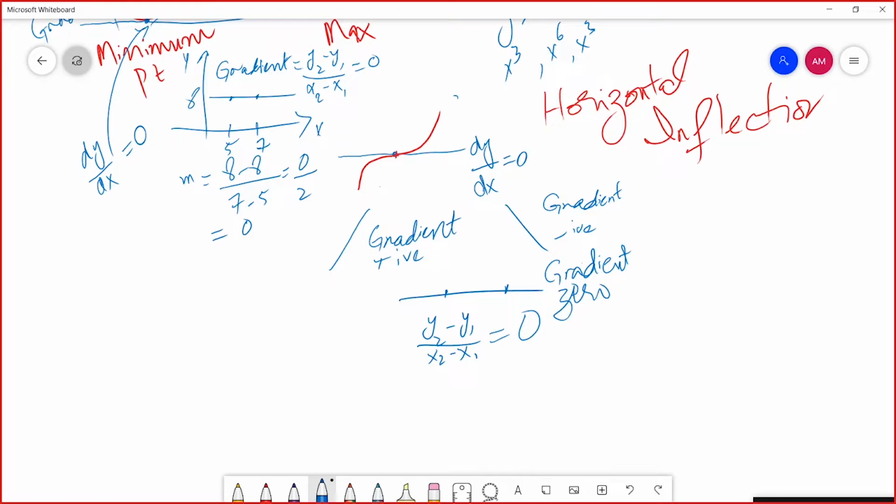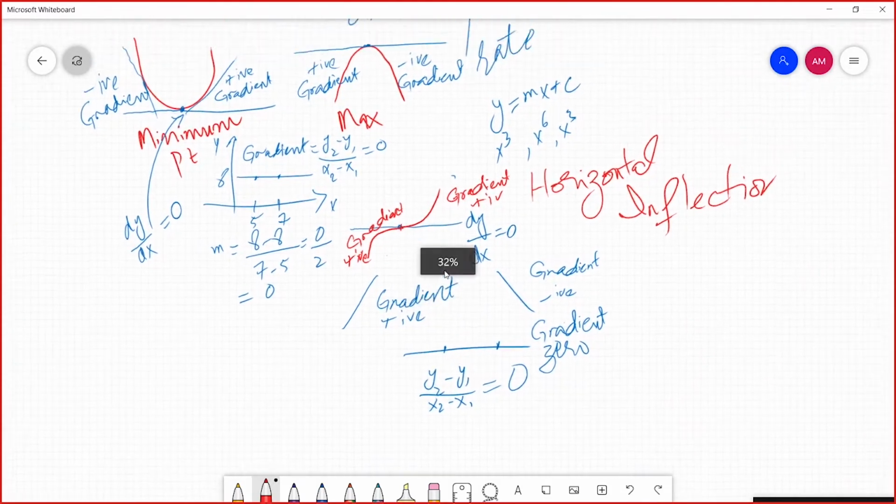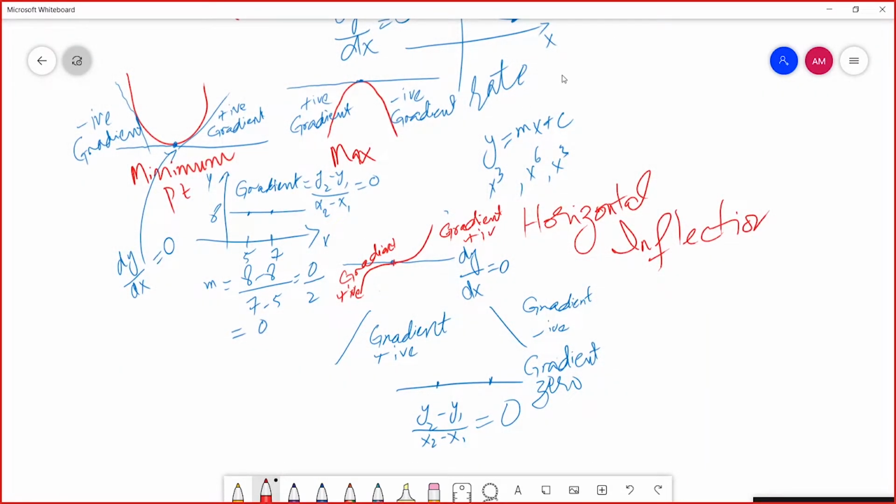So the gradient here is positive, and here also the gradient is positive. Do you see that? So this is different from what we have seen earlier.